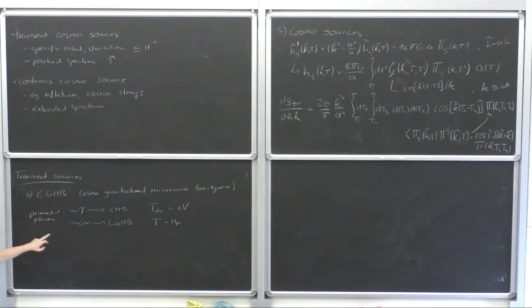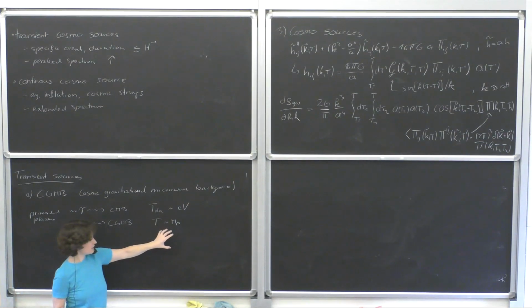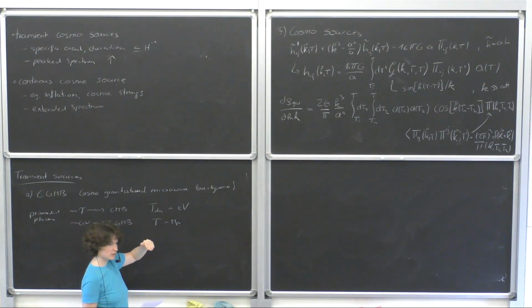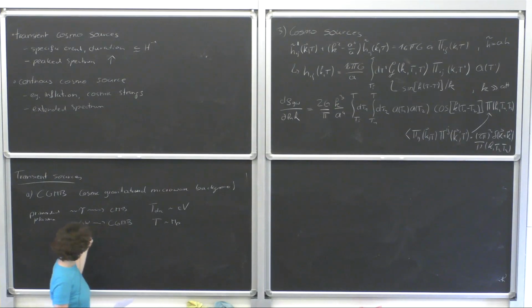So, similar to the CMB, we expect that this primordial plasma will produce a bunch of gravitational waves. The spectrum will reflect whatever temperature spectrum the CMB had, but its amplitude will be significantly suppressed because we were never in thermal equilibrium.